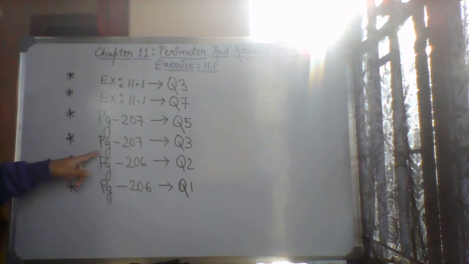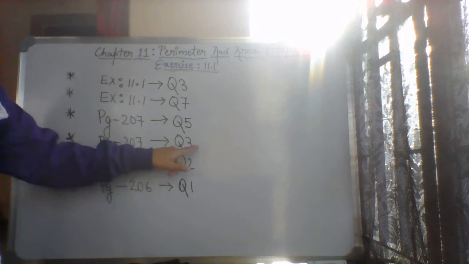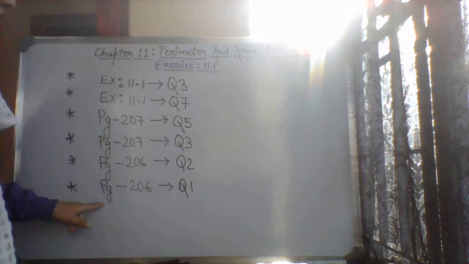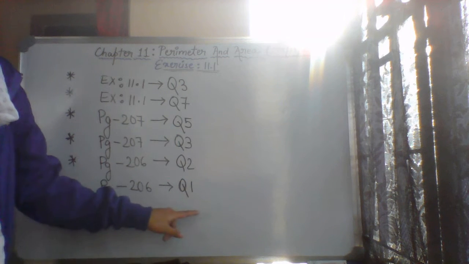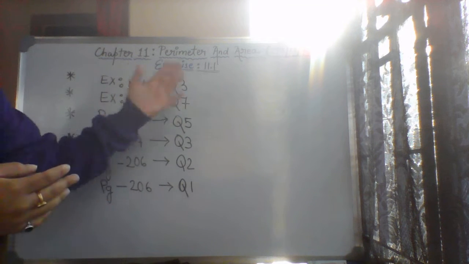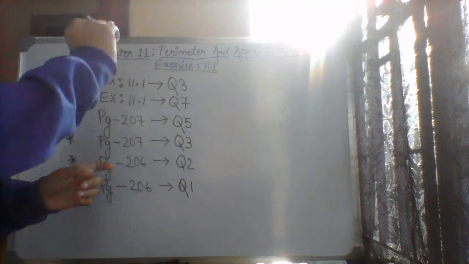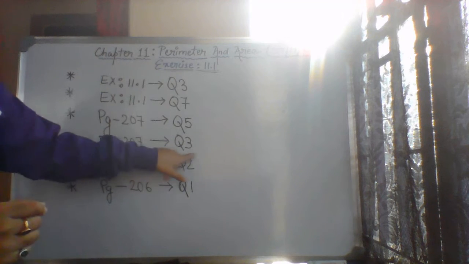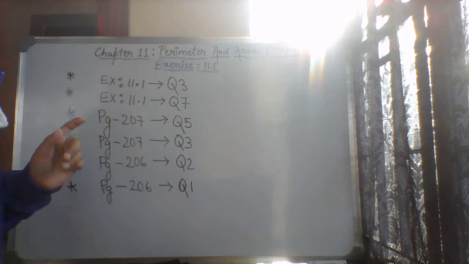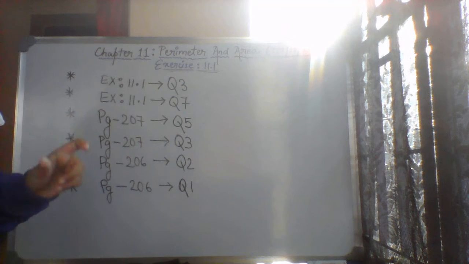Similarly, page 207 question 3, page 206 question number 2, and page 206 question number 1. They are present just above the exercise as example 5, example 3, example 2, example 1. Don't copy from the book, try to do it by yourself.